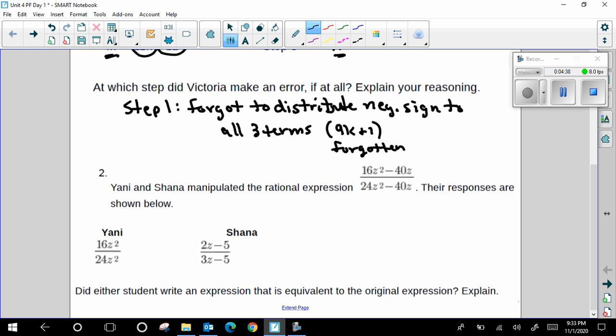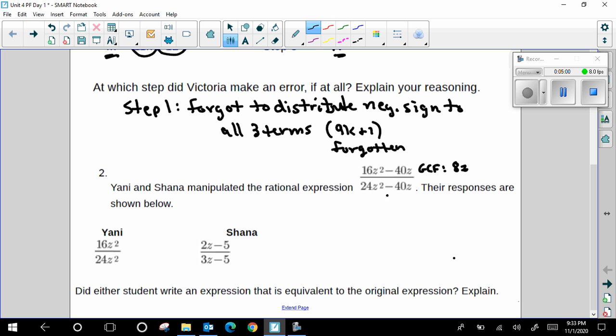So what we're going to do is take this expression and simplify it correctly. The way you do that is you factor out the GCF. Factoring is going to be big in this unit. Of the numerator, that would be an 8z.